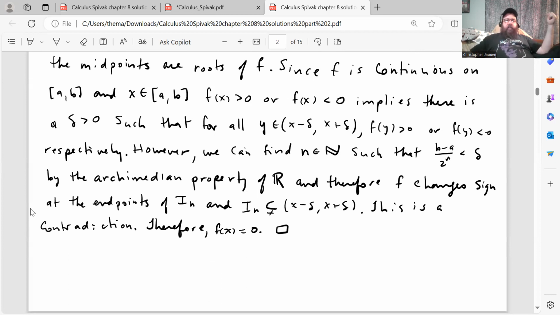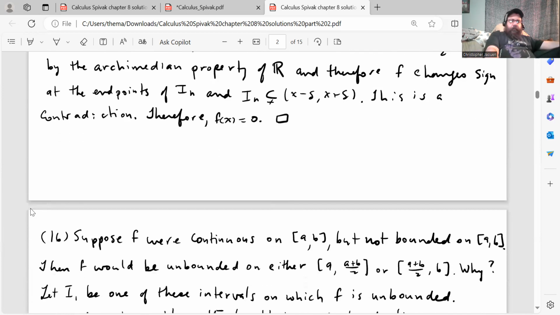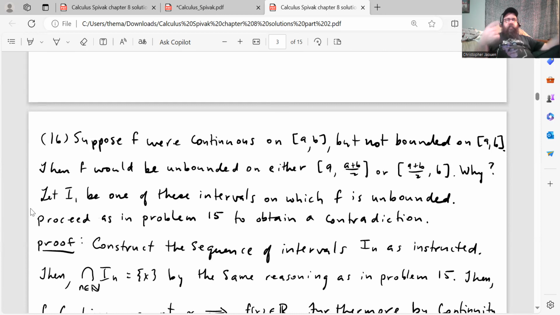Again, that just follows by the Archimedean property of the real numbers, and therefore f changes sign at the endpoints of I_n, and I_n is a proper subset of the open interval from x minus delta to x plus delta. This is a contradiction, therefore f(x) has to be 0. Okay. Right, so that's the proof of theorem 1 using the nested interval theorem.